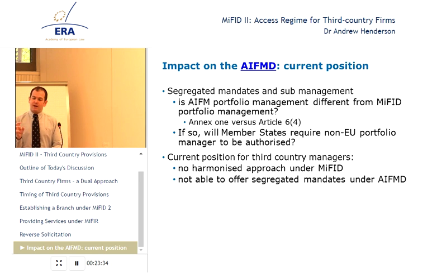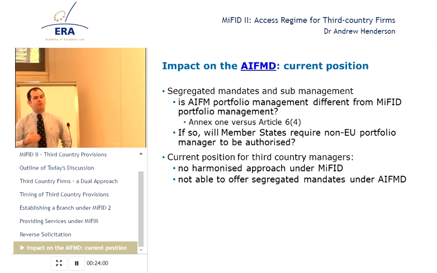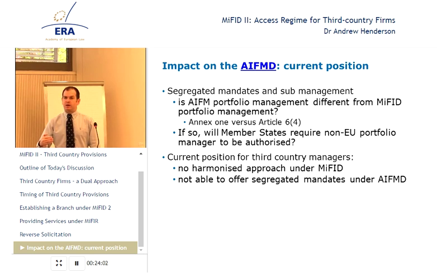But to talk about the impact on the AIFMD, and I come back to this question that I raised at the outset about the manner in which you deliver this investment return. Do you do it in a fund, or do you do it in a segregated portfolio? Because the AIFMD, like the UCITS directive before it, acknowledges the ability of a fund manager who is authorized under AIFMD or UCITS to also offer segregated mandates.